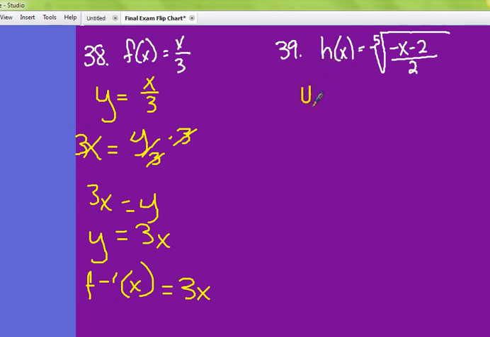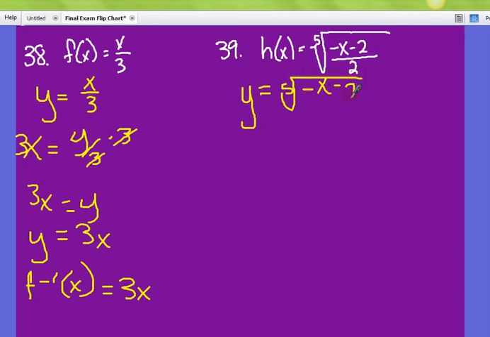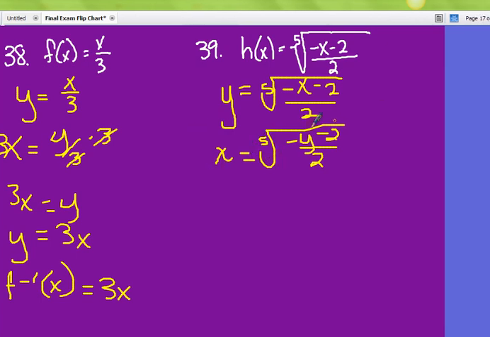And then number 39, same thing, a little bit more involved. We're going to, again, start with converting the h of x to a y. And then we'll make the big switch. That'll become a negative y minus 2 divided by 2. And the first thing we need to do is get rid of this radical sign.